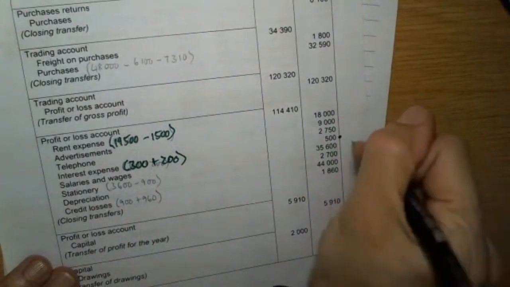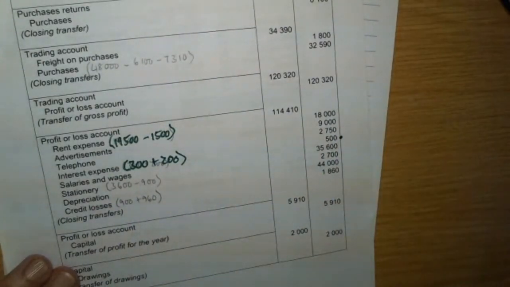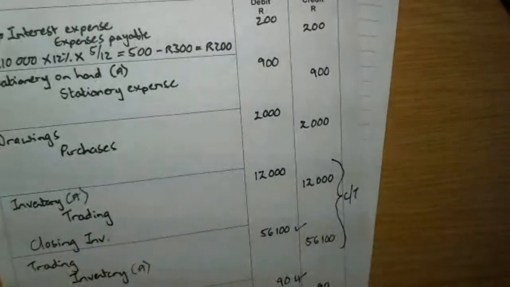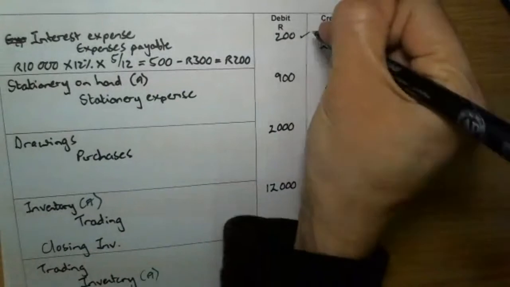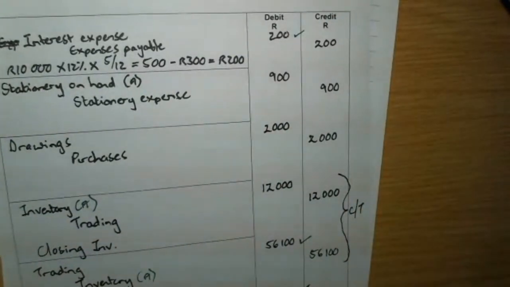So the total amount of my interest expense that I need to credit is 500 Rand. Okay, that's because of the adjustment that I had to make for interest. That was this adjustment over here. Here's my interest adjustment. I had to add 200 Rand to interest.